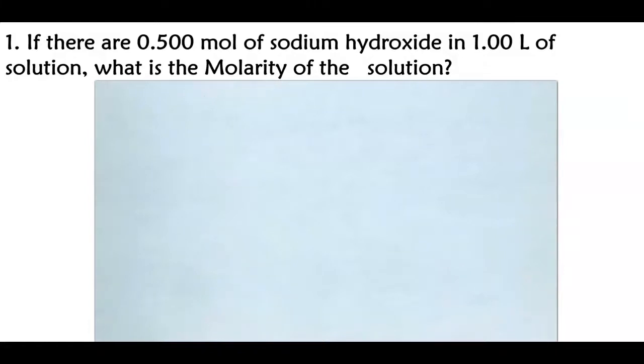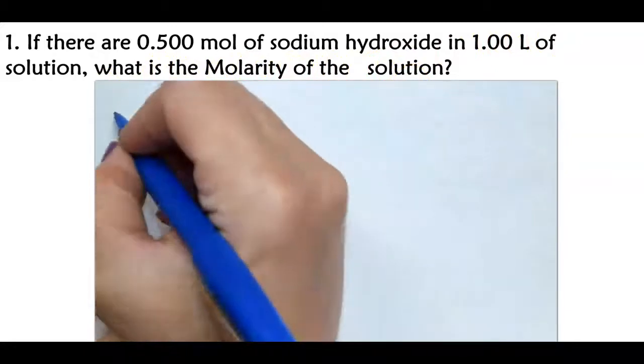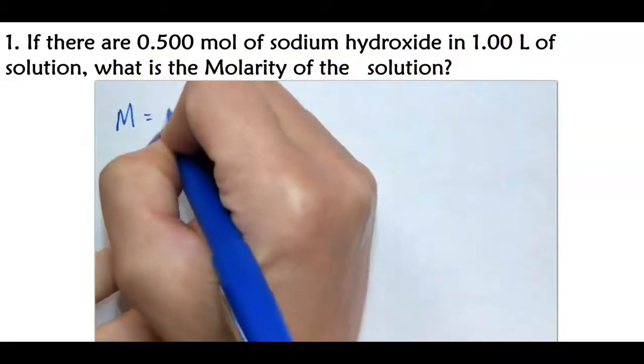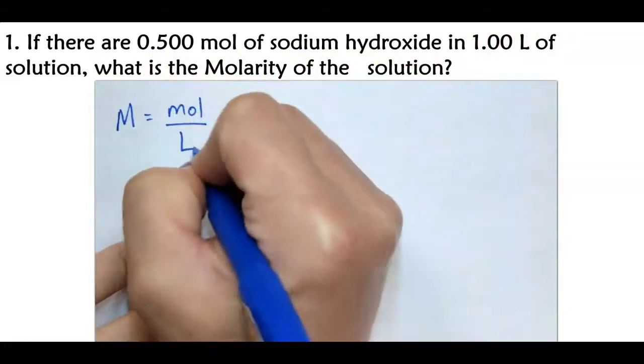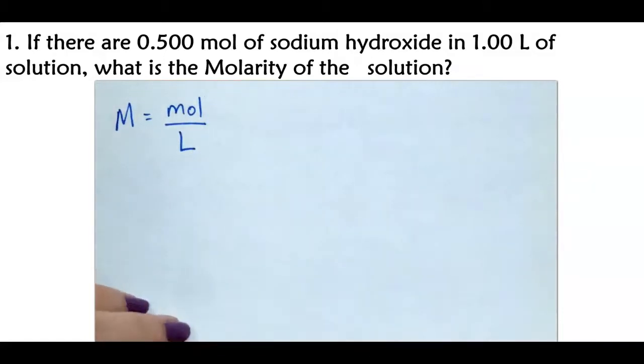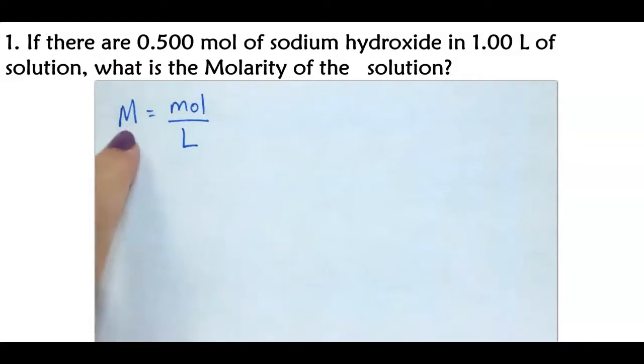Number 1, if there are 0.500 moles of sodium hydroxide and 1.00 liters of solution, what is the molarity of the solution? So our equation is molarity equals moles divided by liters. And if we look in the question, they tell us what is the molarity.